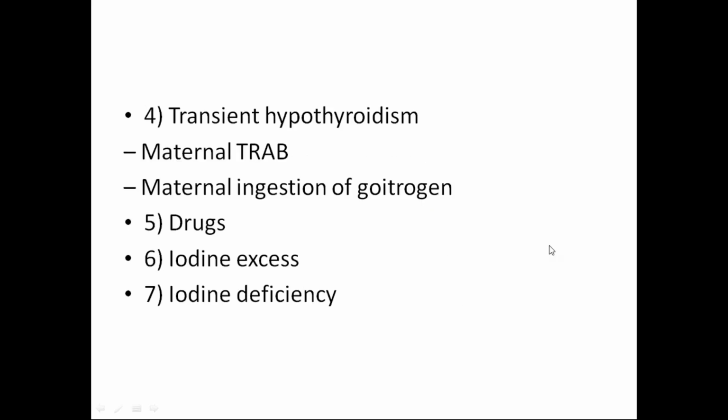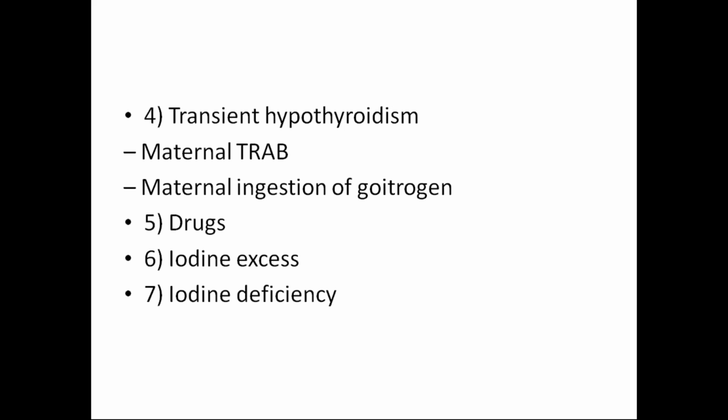Okay, coming to the transient hypothyroidism which we discussed earlier, in neonates there can be transient hypothyroidism. The cause may be maternal thyroid receptor antibodies, which the newborn must have acquired from the placenta, and maternal ingestion of goitrogens. These effects will last for only a few days, and the normal thyroid present in the newborn will take over the functionality, and subsequently the hypothyroidism goes off.